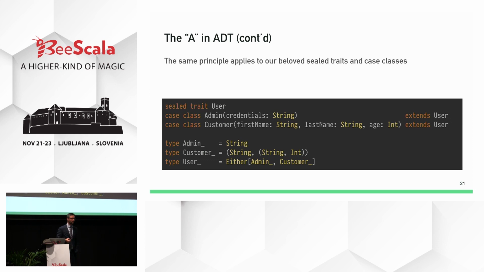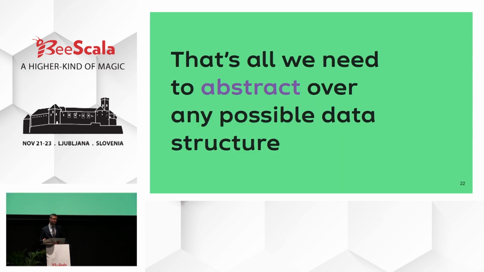And similarly, a sealed trait is equivalent to sums, to eithers. So for example, here, the user sealed trait is equivalent to either an admin or a customer. Right? So that's all we need to express every possible ADT: unit, a binary sum, and a binary product.